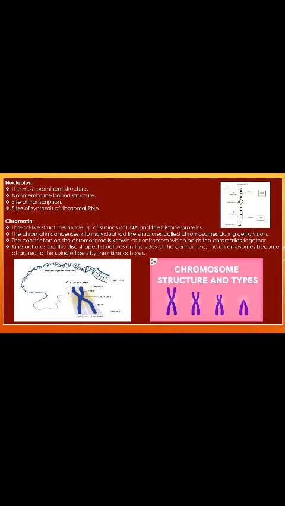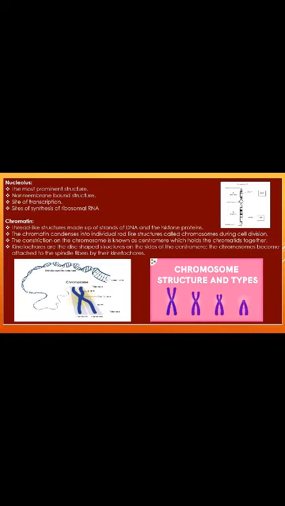Nucleolus disassembles at the beginning of mitosis. Its components disperse in various parts of the cell, and reassembly takes place during telophase and early growth G1 phase. Nucleolus is the most prominent structure, and it does not have a membrane.